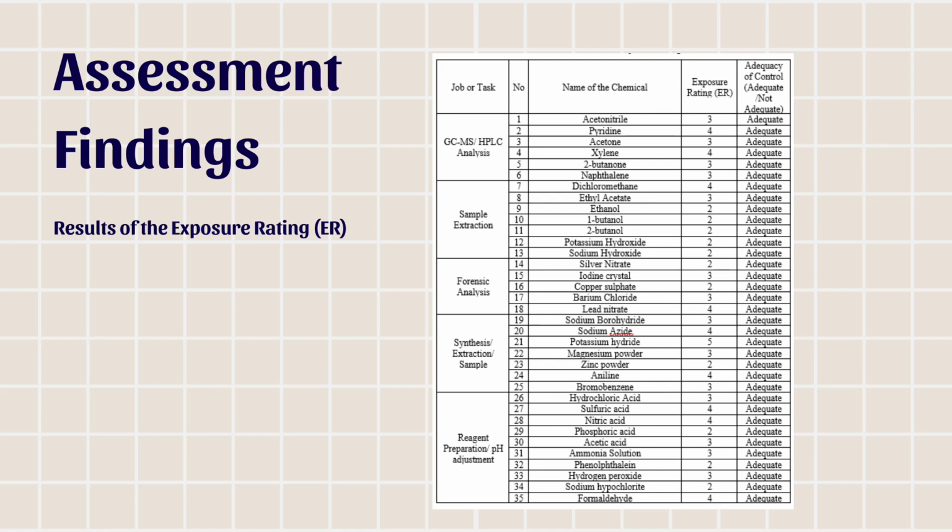Potassium hydride recorded the highest exposure rating of 5 in the assessment. This indicates that its handling conditions may create a greater potential for exposure and therefore require careful control. However, the table also shows that the existing controls for the assessed tasks were considered adequate under observed working conditions.